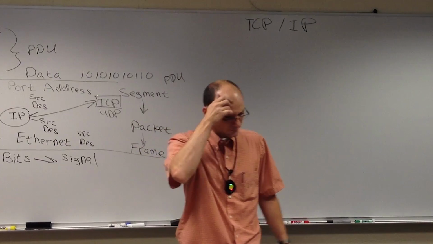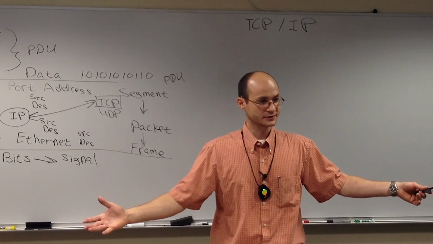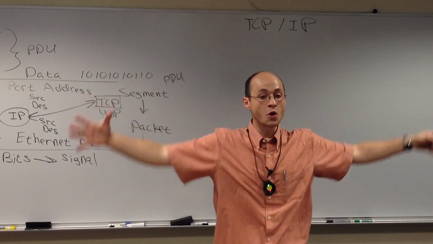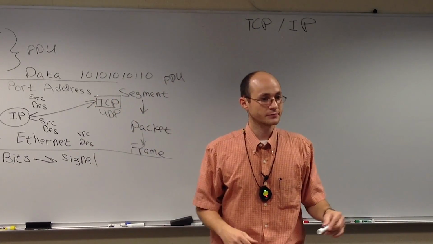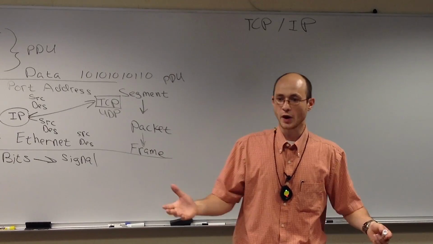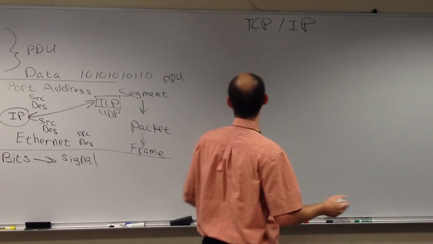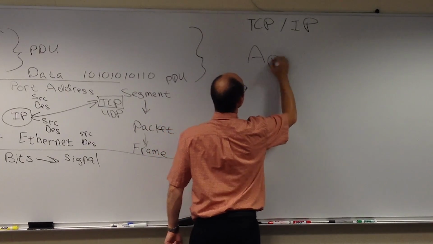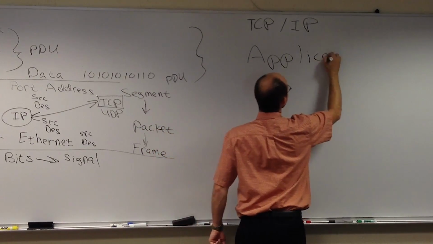So they said, you know what? We developed this thing. Let's create a model that shows a grand overview of how this behaves. And they said, in order to use our network, if you want to send a web page, you're going to need a web browser. And so they said the first three layers are going to be accomplished under the application layer.